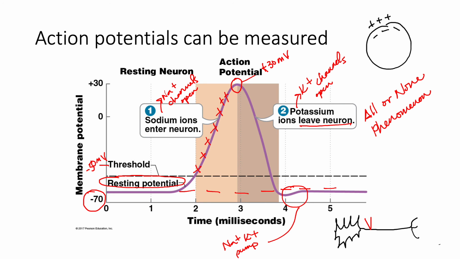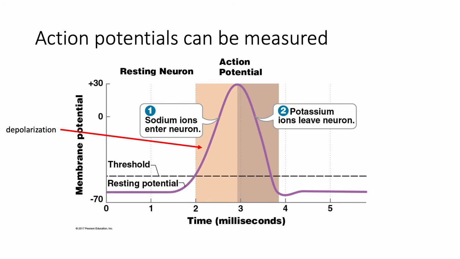Also, due to the fact that this graph looks the same for every single neuron, there are different portions of this graph that are given specific names. For example, when we see that first key point in time of the cell, it is called depolarization.